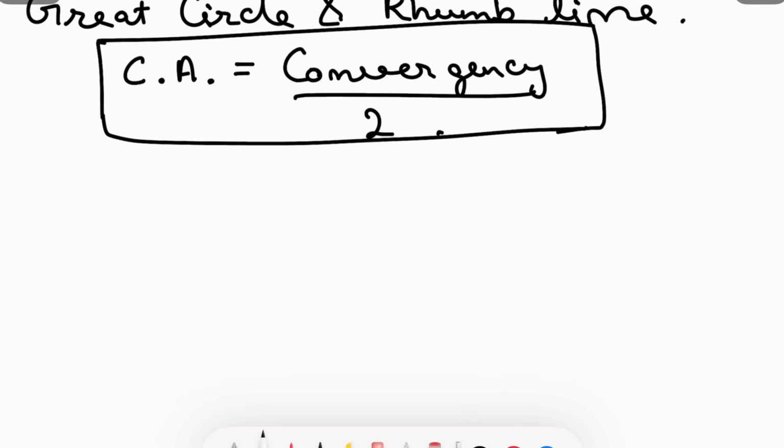Now let's take an example. So let's say these are our two longitudes, 20 degrees west and 20 degrees east, and this is our latitude, which is going to be 30 degrees north.